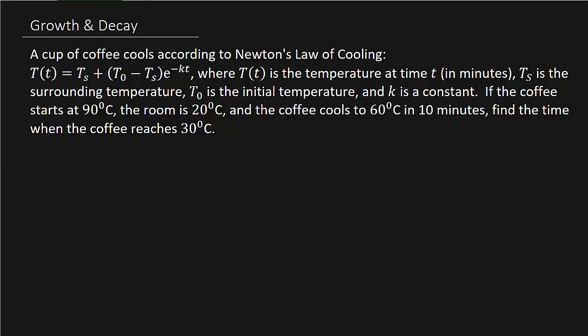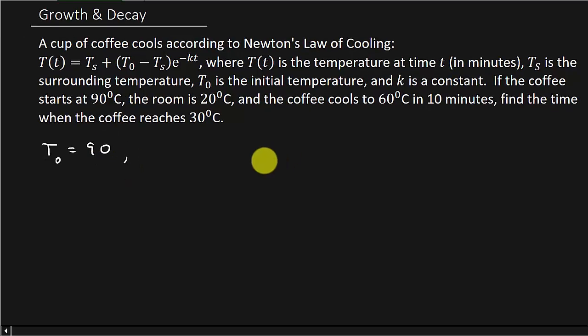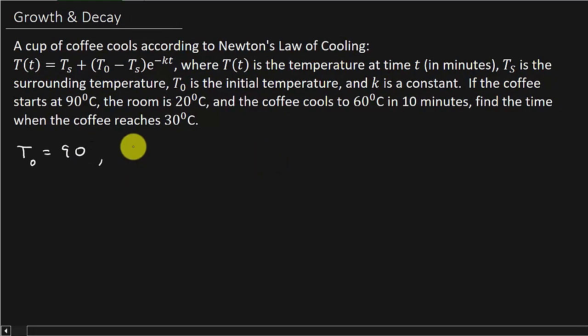If the coffee starts at 90 degrees Celsius, let's write down the information as we go. So that tells us T_0 is equal to 90 degrees Celsius. And the room is 20 degrees Celsius, so that's the surrounding temperature. So we've got T_s equal to 20 degrees Celsius.